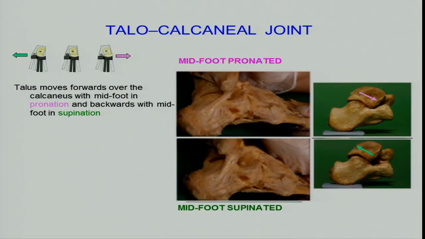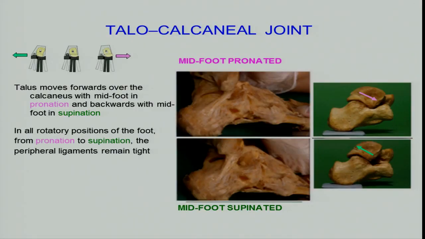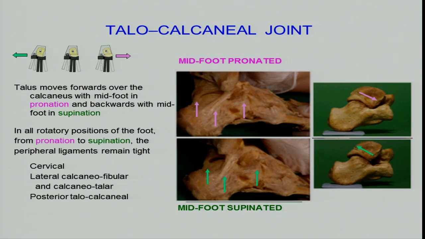And that's the demonstration of the lateral ligaments remaining tight as pronation and supination occur at the midfoot level, and the talus moves backwards over the calcaneus. That's the cervical ligament, lateral calcaneofibula, and the posterior talo-calcaneal. And the medial capsule remains tight as well.